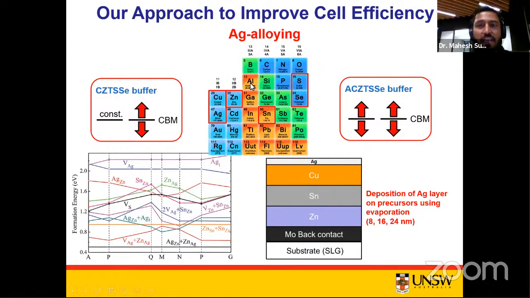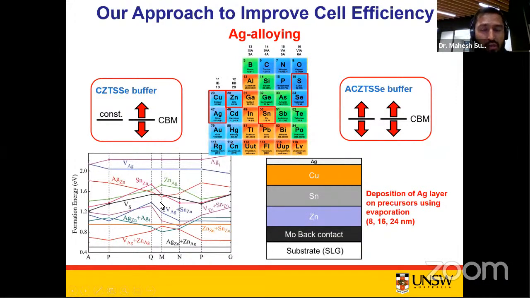It has been demonstrated that the high anti-site defects associated with the CZT-SSC thin films, as well as the associated band tailing caused by the cationic disorder, as well as the unpassivated defects at the interface between the CZT-SSC surface and the N-type buffer layer, are the major causes for this large VOC deficit in the CZT-SSC thin film solar cell.